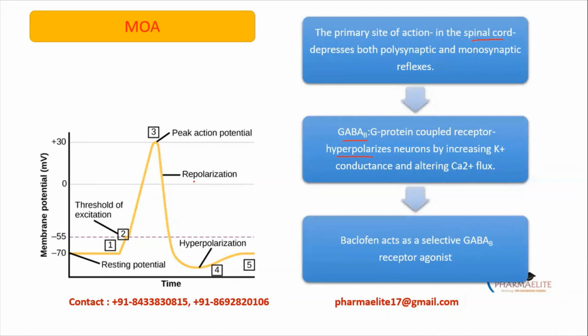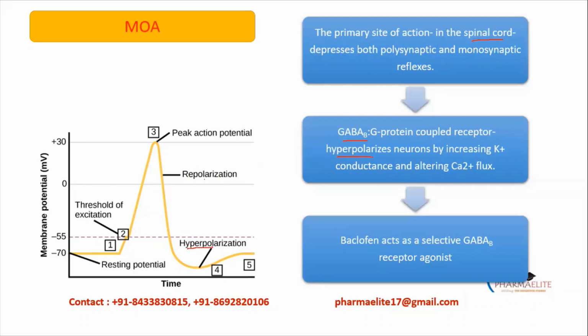In repolarization, the sodium channels are inactivated and potassium channel efflux is started. That is, potassium ions are going from the neuron cells to outside. Then there comes a stage of hyperpolarization.